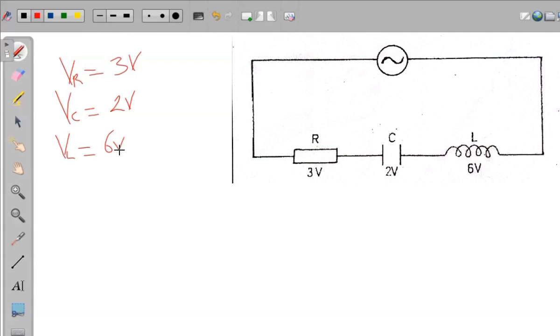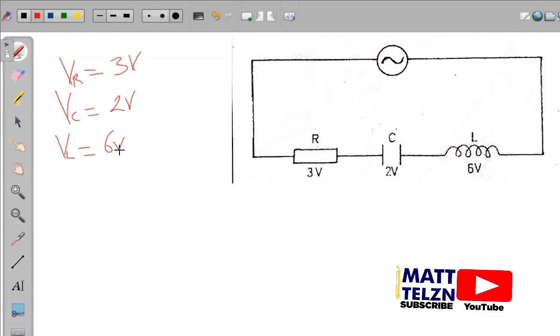Now in an AC series circuit, the voltages across the resistor, the capacitor, and the inductor are not added directly like in a DC circuit. You know that if it is a DC circuit, you just add the voltages together, and that would give you the total voltage, which is the peak value EMF.